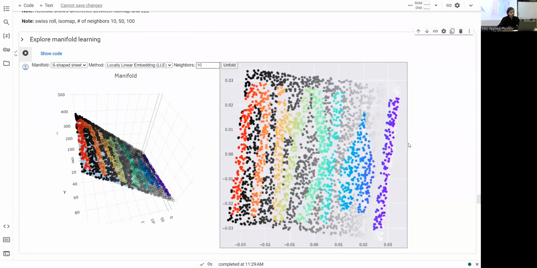This is an example that shows you a few different manifolds: a Swiss roll, a cylinder, a helicoid, a cone, and even a Mobius strip. It's really complicated because you can't put that into the plane exactly, so you will always get some sort of artifacts from that.